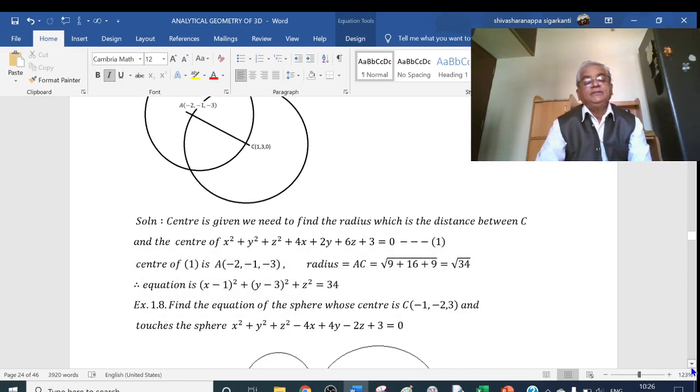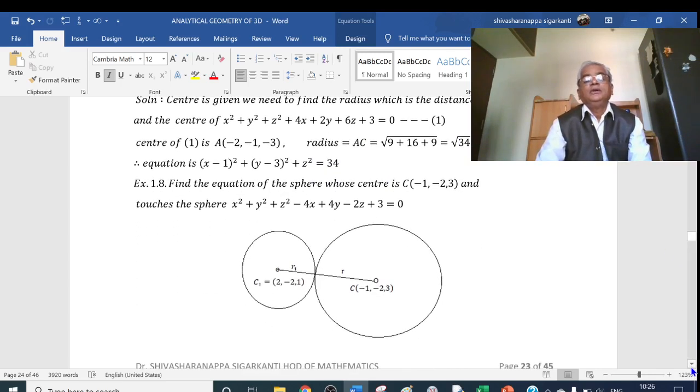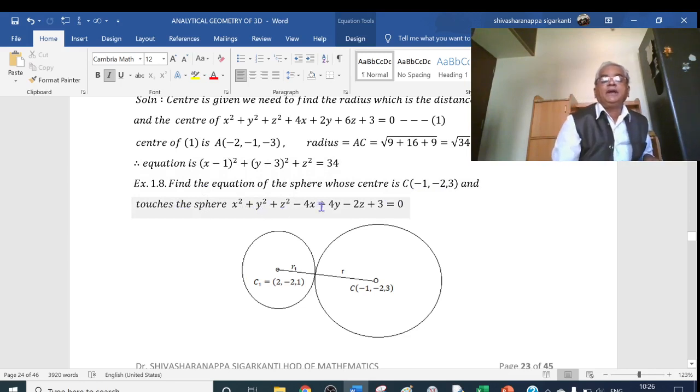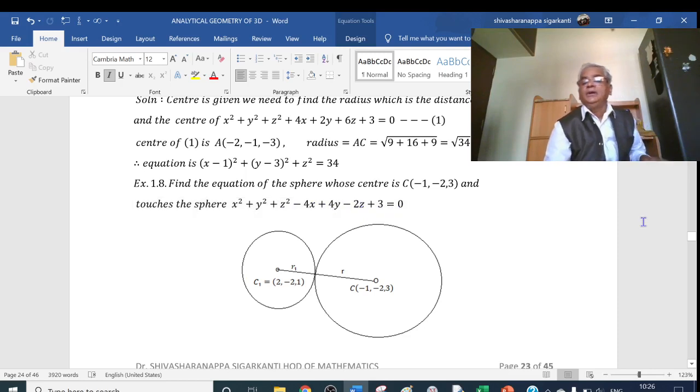Next example is, find the equation of the sphere whose center is C (-1, -2, 3) and touches the sphere x square plus y square plus z square minus 4x plus 4y minus 2z plus 3 is equal to 0.